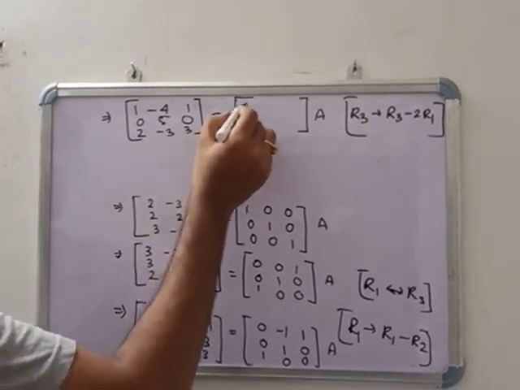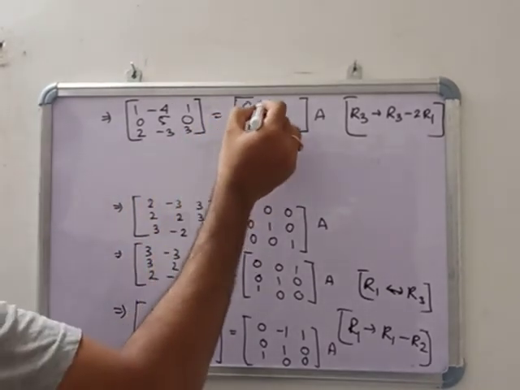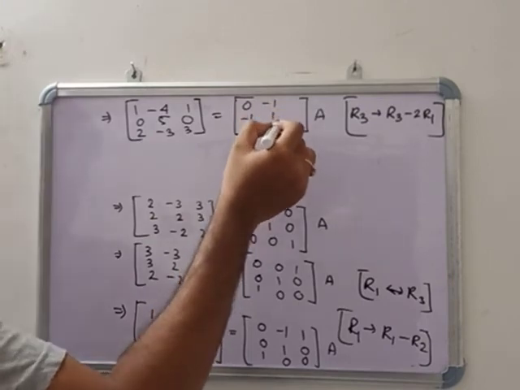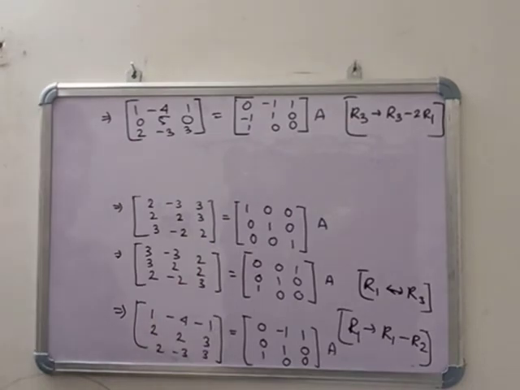Similarly, 0 minus 1, 1. Minus 1, 1, 0. 1, 0, 0. Okay.